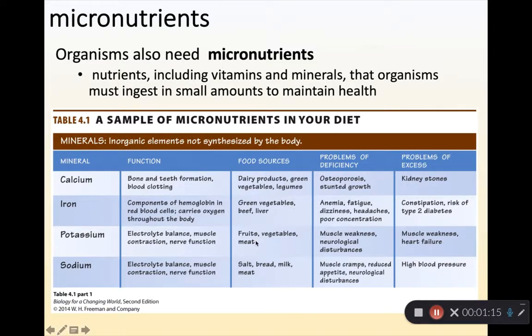And again, all of these can be found in different fruits and in different food sources.